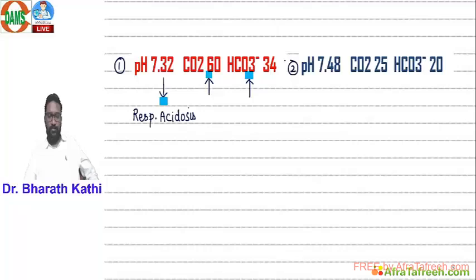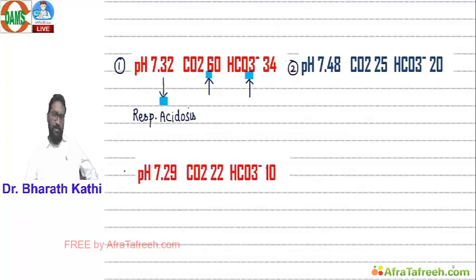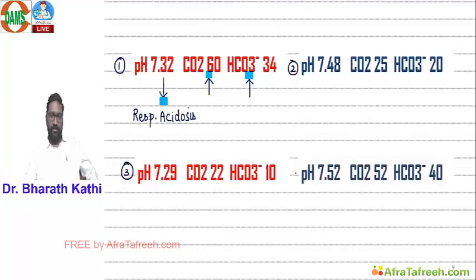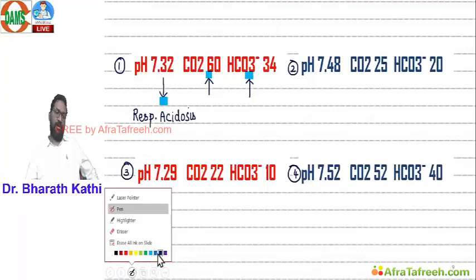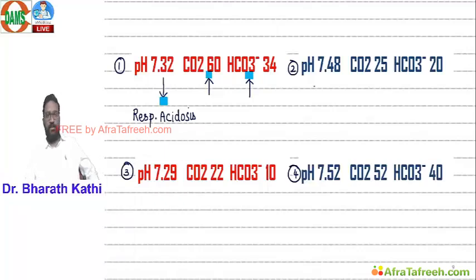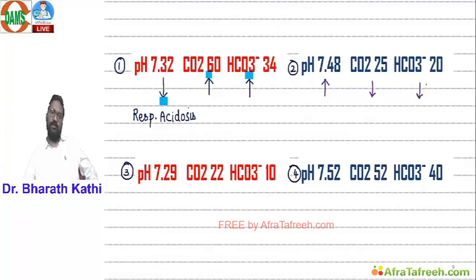Question number 2, you can start answering. What are these disorders? Question number 3, question number 4. Just draw arrow marks, you will get the answer. pH increased, CO2 decreased, bicarbonate decreased. Anywhere an increase in pH is called alkalosis.